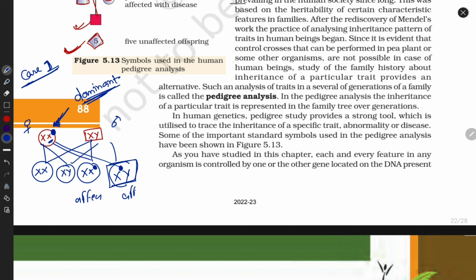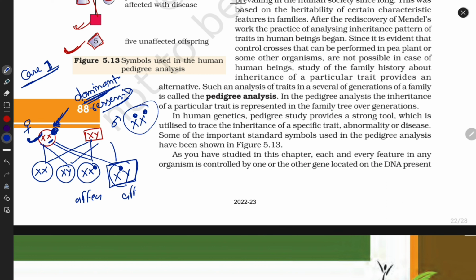Now assume this gene is recessive in nature. Recessive in nature means if this chromosome is affected but this chromosome is healthy, they are healthy. They show themselves only if both chromosomes are affected.